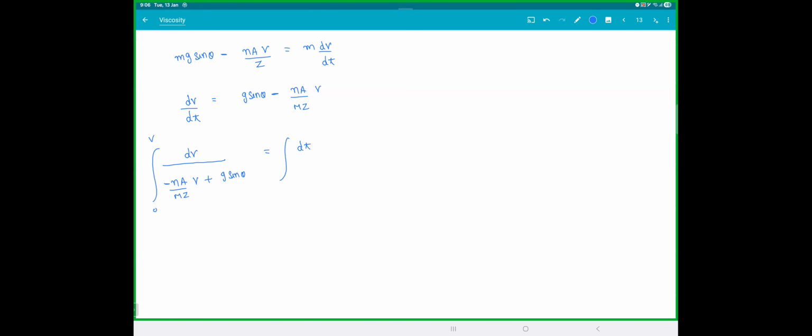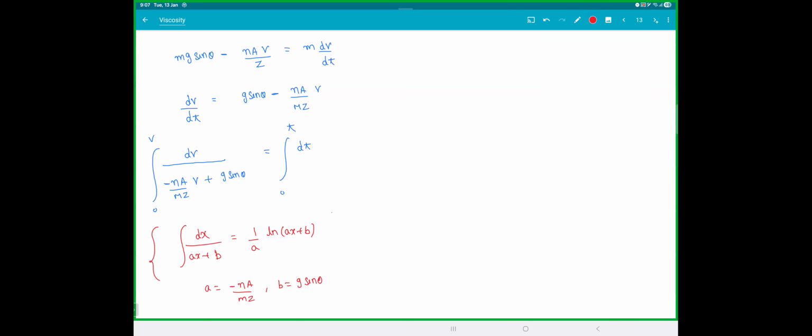Limits 0 to v, 0 to t. Now, if you notice, this is looking like the integral of dx by ax plus b, which is 1 by a ln ax plus b. You can clearly see in the formula, in place of a we have minus eta A by mz and in place of b we have g sine theta.